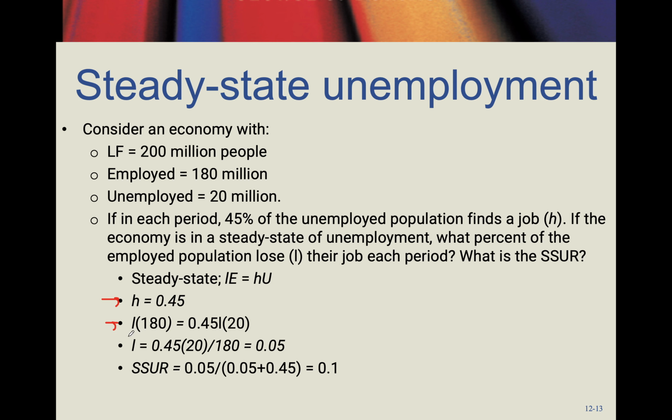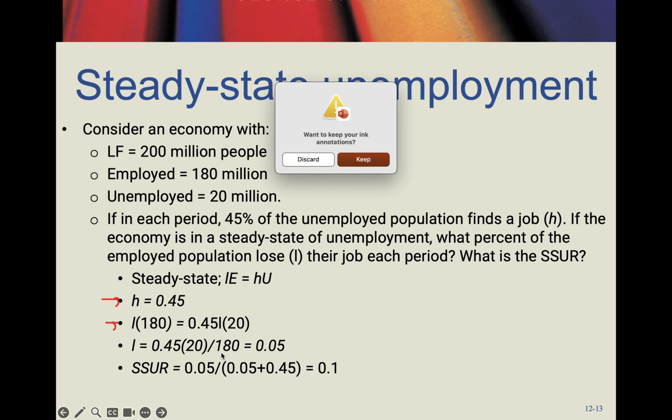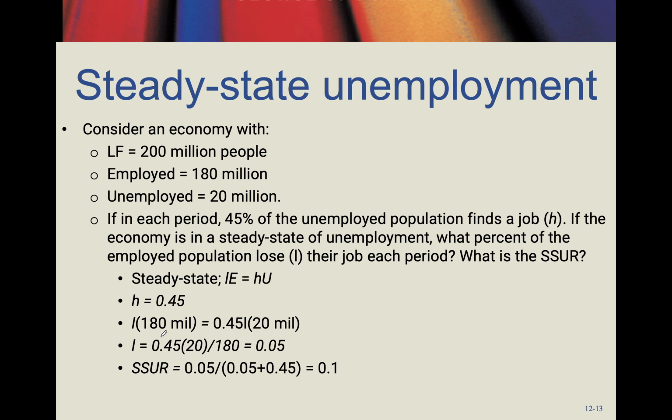L, which is the probability of people who lose their job at each period, and we want to find that, times 180 million, which is the level of employment in that period, equals 0.45, which is H, the fraction of people who find jobs in the economy, times 20 million, the level of unemployment as given in the question.